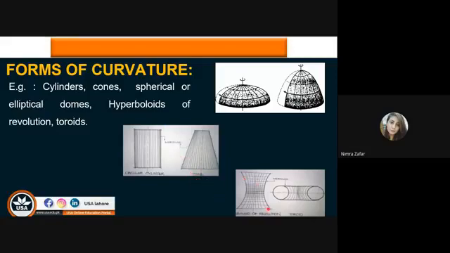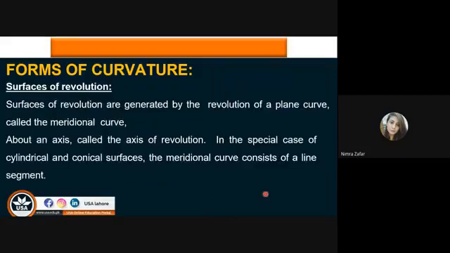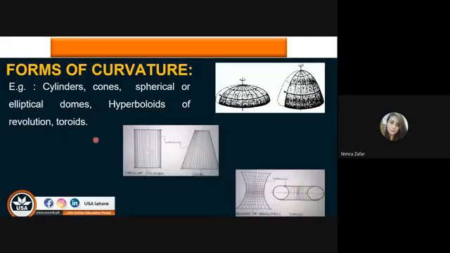For hyperboloid, we have this axis of revolution, and the plane along which it revolves is called the meridional curve. So these are meridians. This is the plane along which it will revolve. This is toroid. This is axis of revolution, and this is its meridian along which it will revolve.